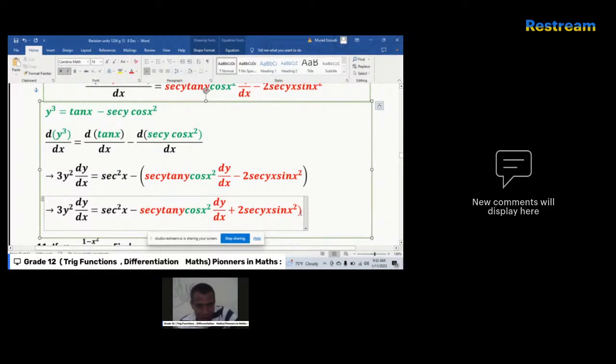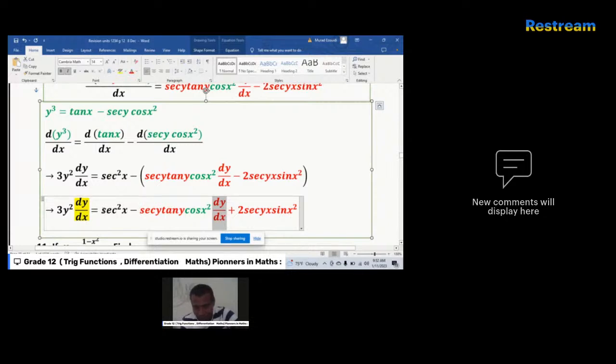Therefore, learners, you see that there is a common factor here of the y dash, the first derivative. So you can see this one. Okay. And this one, its common factor. I'm going to collect like this. So this one is minus sec y. It will come as here. Okay. I will try to transfer on the right hand side.